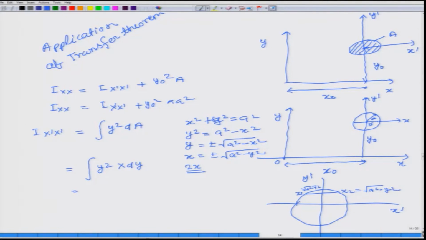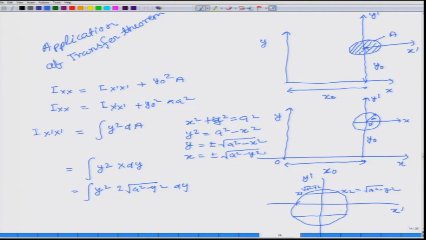So, the length of the strip would be equal to 2 times root a square minus y square into dy, right. But we are considering two strips.